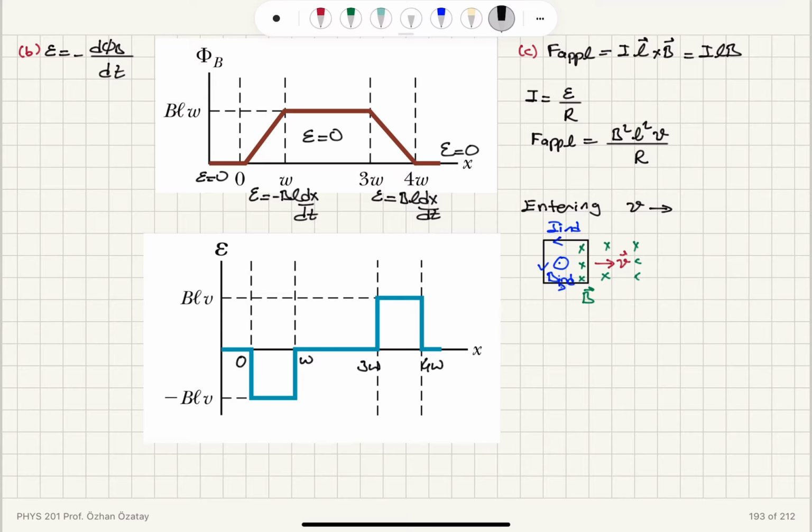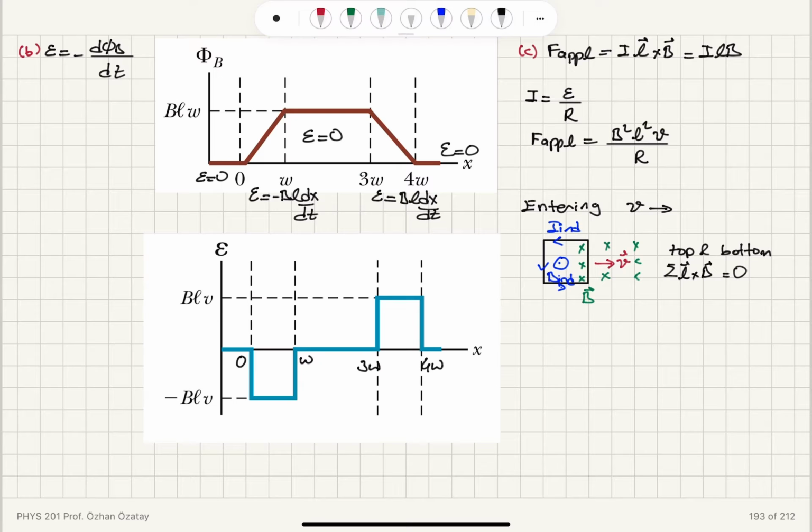So the total value of L cross B from the top and bottom is equal to 0. So the contribution will come from the right-hand side here. The left is not inside the magnetic field.